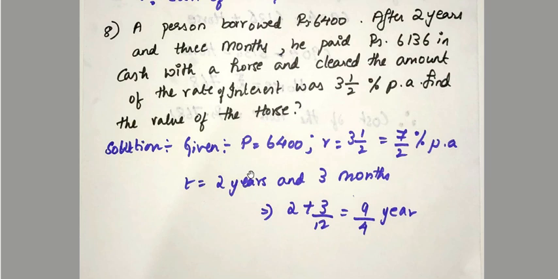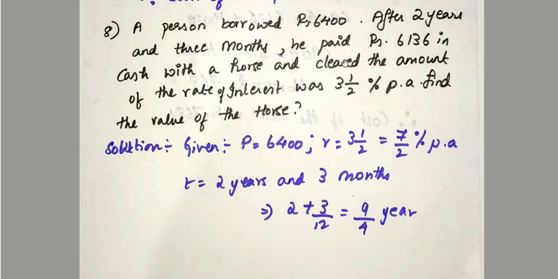Find the value of the horse. They are telling the person has borrowed 6,400, which means this is your principal amount. The time is 2 years and 3 months, so 2 plus 3 by 12, which is equal to 9 by 4 years.